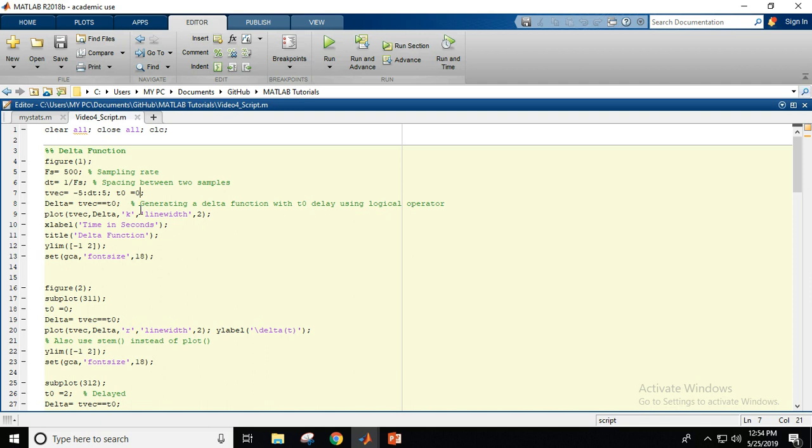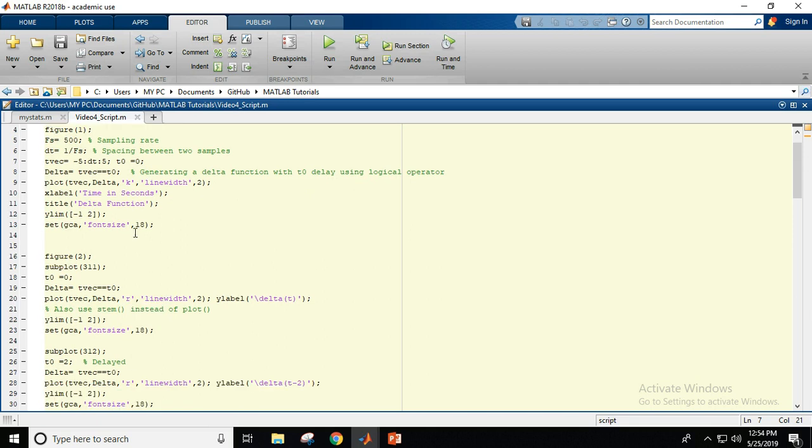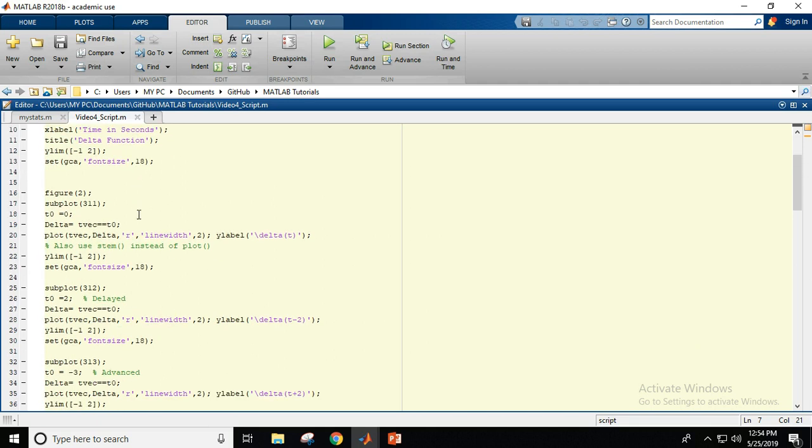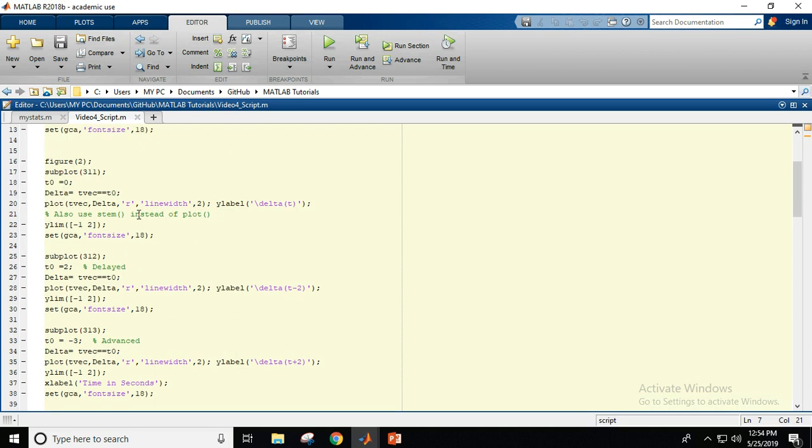So using this logical operation, we can generate the delta function just like we did for the step function. To implement the delay, we just change t0 equals 2, so it's a 2-second delay. And if we want to advance the impulse, let's say by 3 seconds, we set t0 equals minus 3.